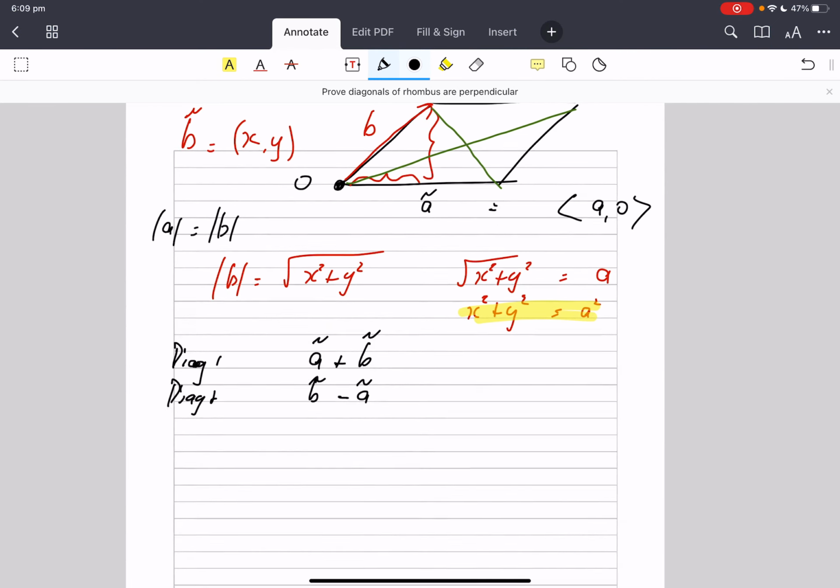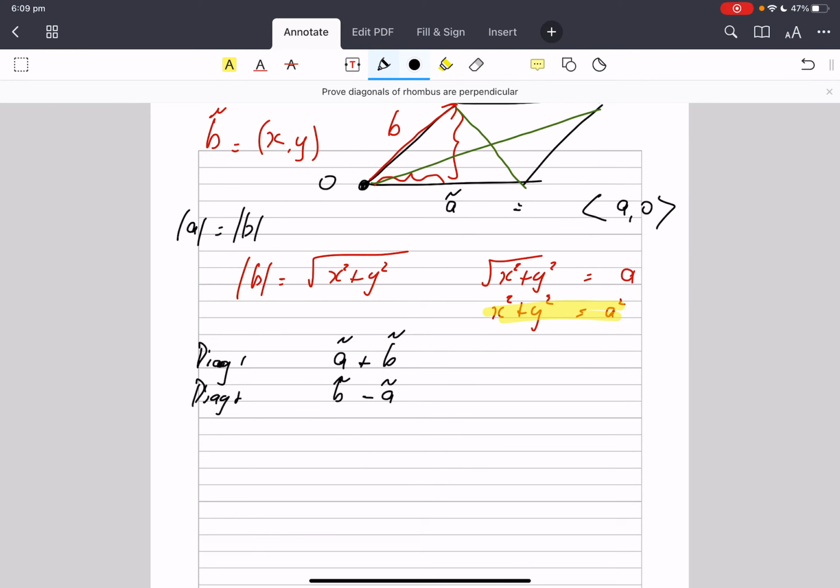Okay. This time we actually have what A and B are. So A plus B is actually (A,0) plus (x,y), and B minus A is going to be (x,y) minus (A,0).